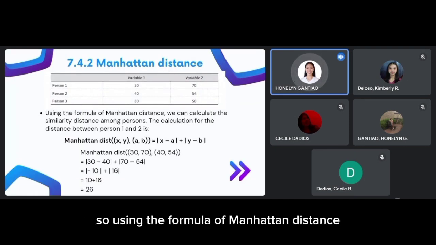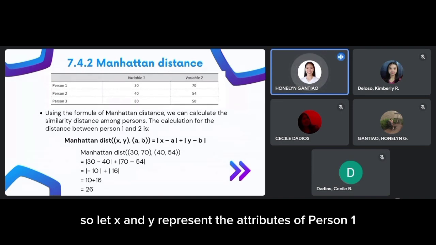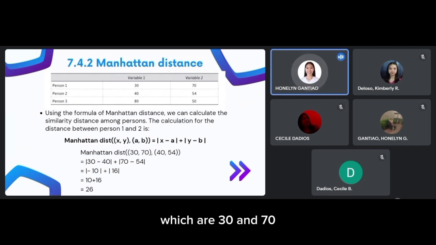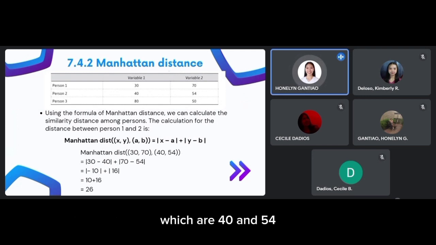Using the formula of Manhattan distance, we can calculate the similarity distance among the first fields. Using the data in the table above for person 1 and person 2, we can calculate the Manhattan distance. Let x and y represent the attributes of person 1, which are 30 and 70, and let a and b represent the attributes of person 2, which are 40 and 54.